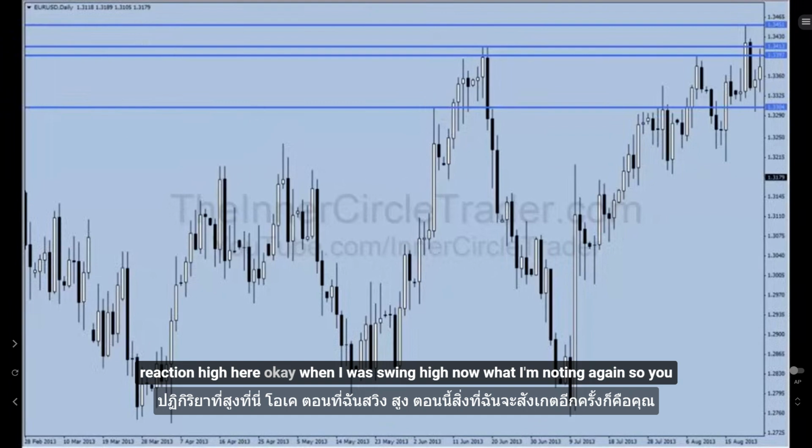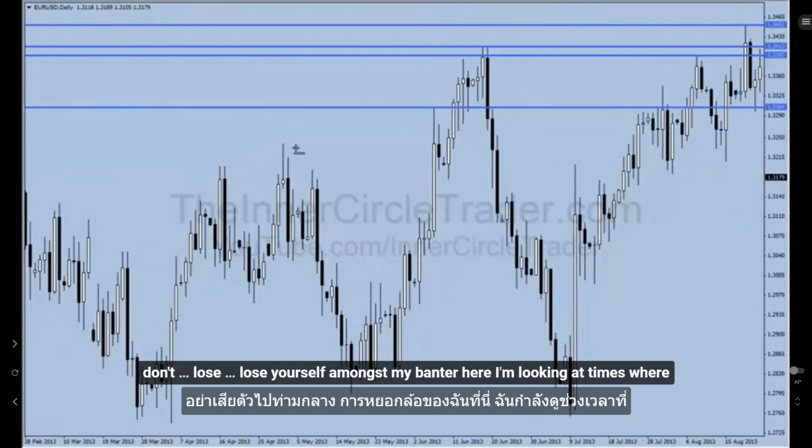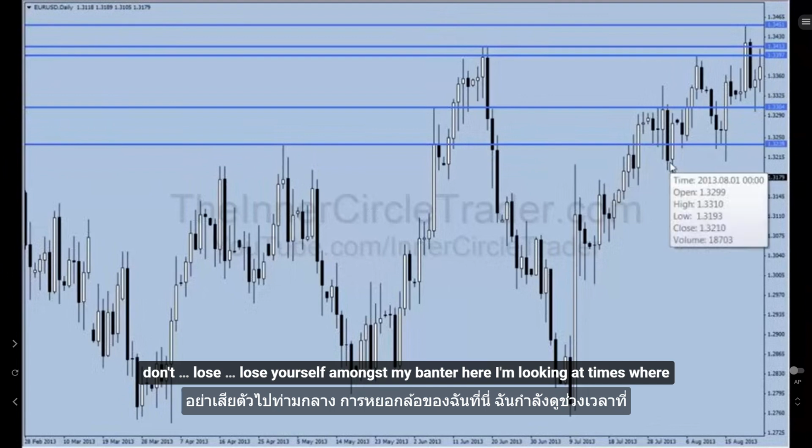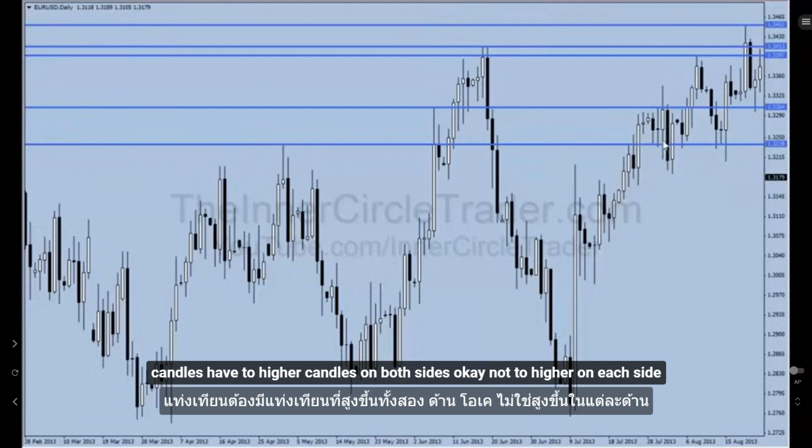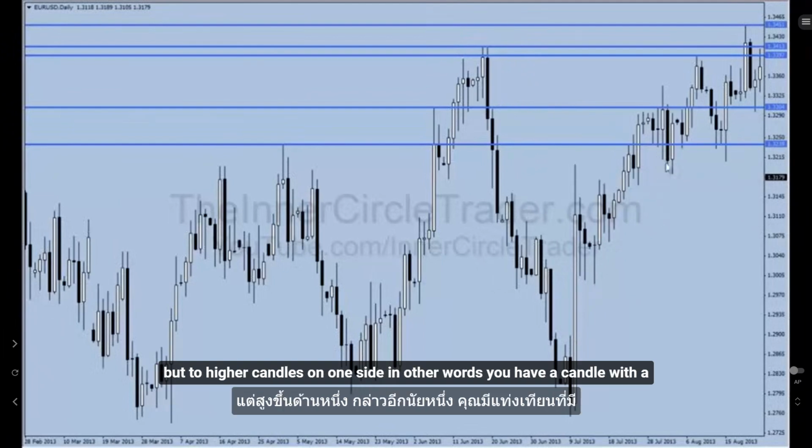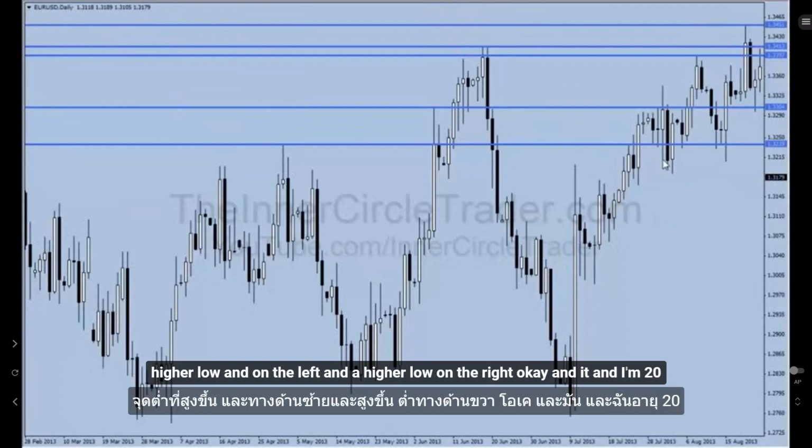Now what I'm noting again, so you don't lose yourself amongst my banter here, I'm looking at times where candles have two higher candles on both sides. Okay, not two higher on each side, but two higher candles on one side. In other words, you have a candle with a higher low on the left and a higher low on the right.